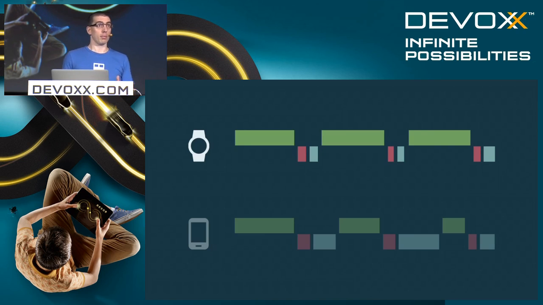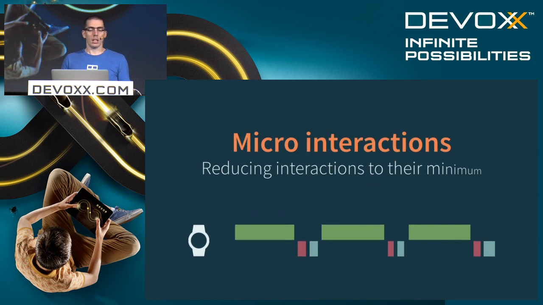And it's less distracting because Android Wear is really focused, and it only displays information that you really need. And this pattern, once again, is repeated over and over again. So the principle here is that Android Wear is about micro-interaction. It's about reducing all those tiny interactions throughout the day to their minimum.